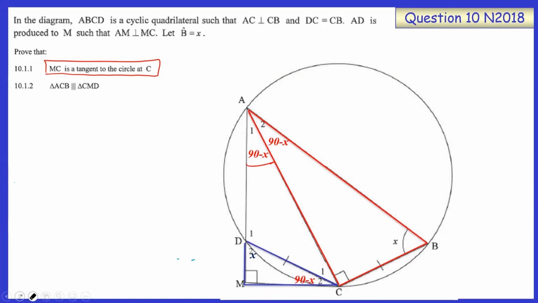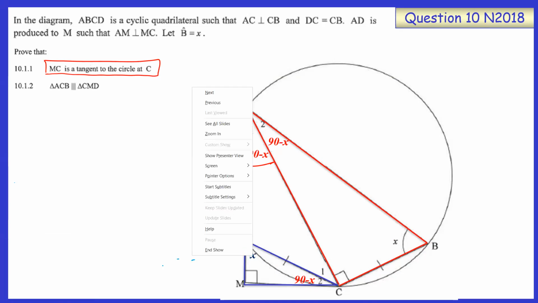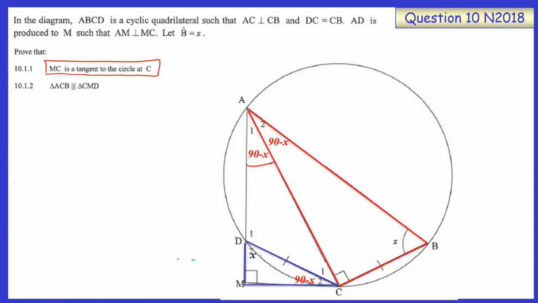Right, let's take that out now. Let me just go through it. The one I use in the PowerPoint is different from the one we spoke about, all right? Just to show you, D2 is equal to X. Why is D2 equal to X? Exterior angle of a cyclic quad. Very good.